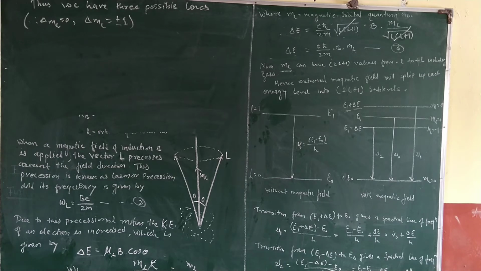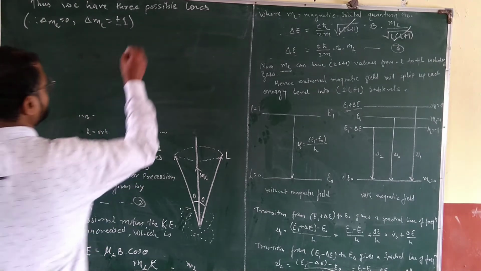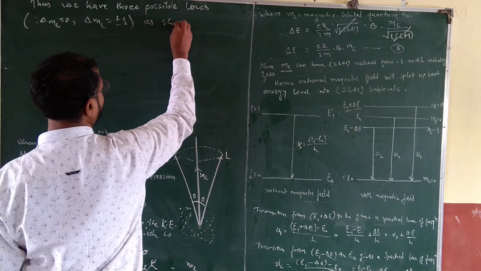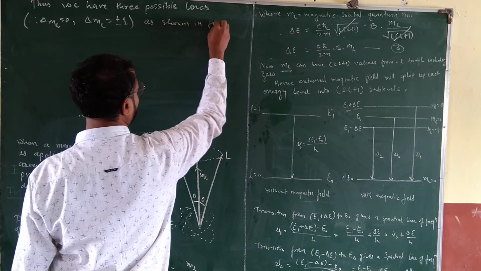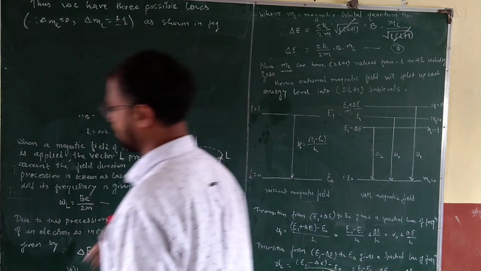Thus we have three possible lines as shown in this figure.